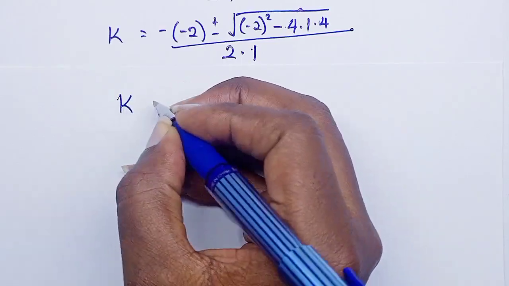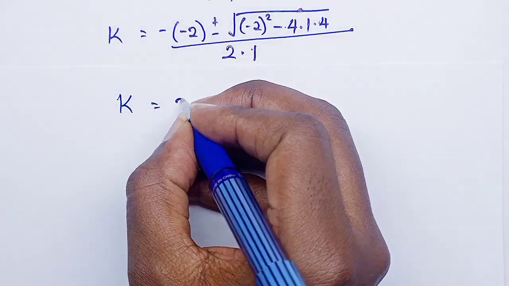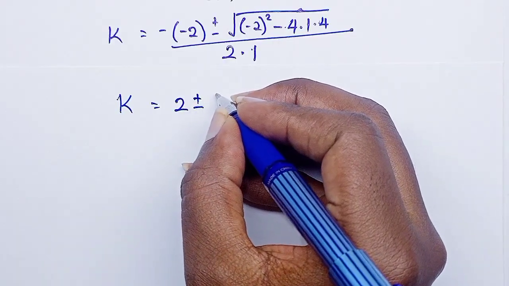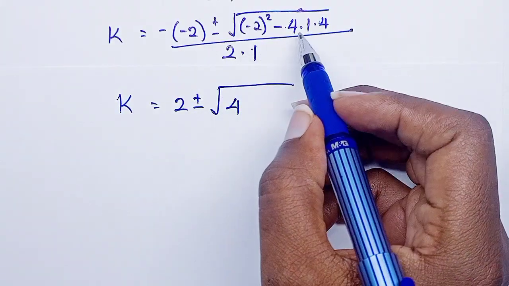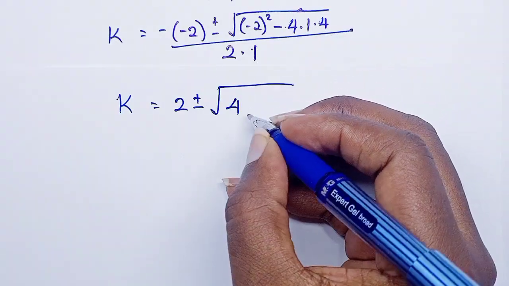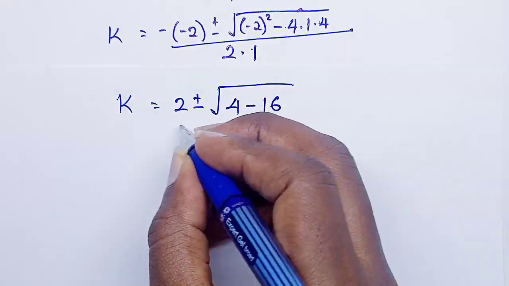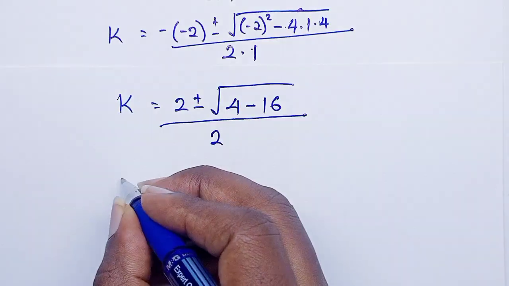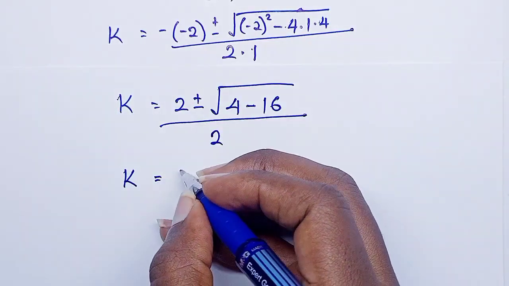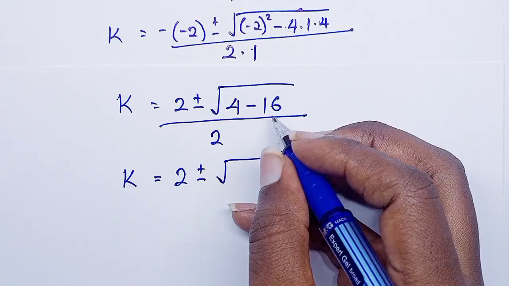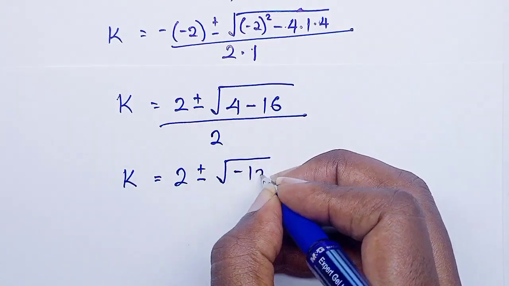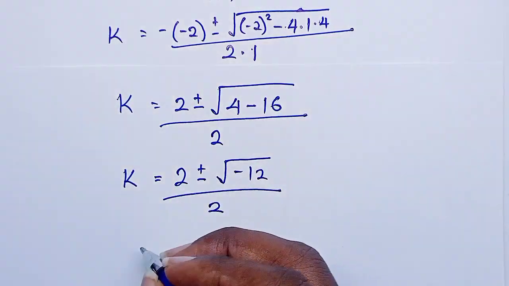Therefore, k is equal to, this becomes positive 2 plus or minus the root of negative 2 squared, which is 4. Then 4 times 1 times 4 is 16, so minus 16, over 2 times 1, which is 2. k is equal to 2 plus or minus the root of 4 minus 16, which is minus 12, over 2.